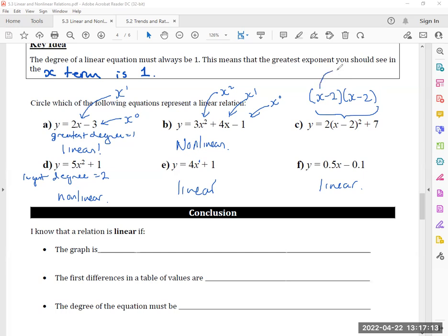So sooner or later, x will get a chance to multiply with x. So I don't know what the entire thing is, but I do know this polynomial starts with x squared before I finish it off. The largest exponent for that one is 2. Okay, so greatest degree equals 2. So this is nonlinear.